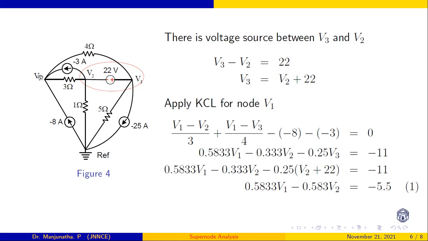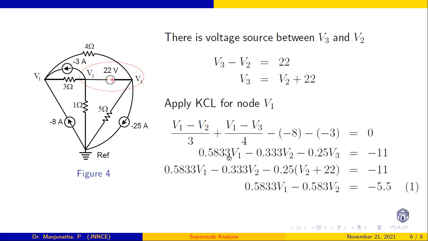Now we will write KCL for node 1: V1 minus V2 by 3, V1 minus V3 by 4, and minus of minus 8 ampere, minus of minus 3 ampere, is equal to 0.